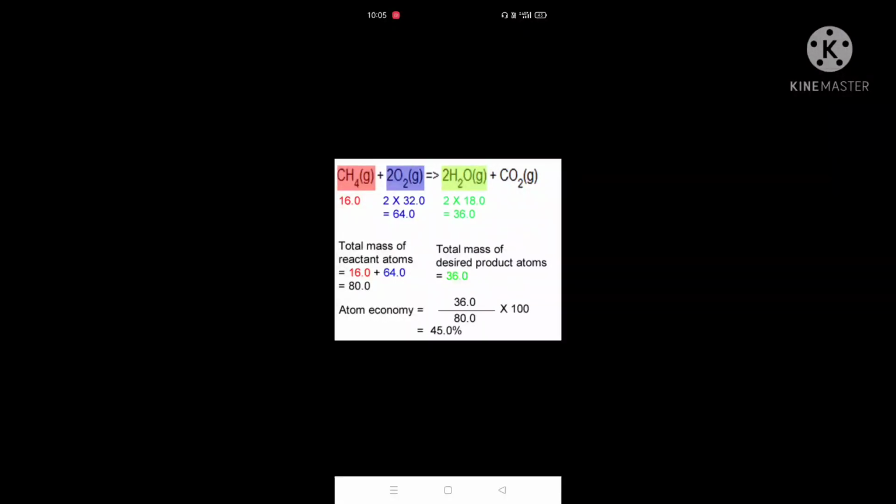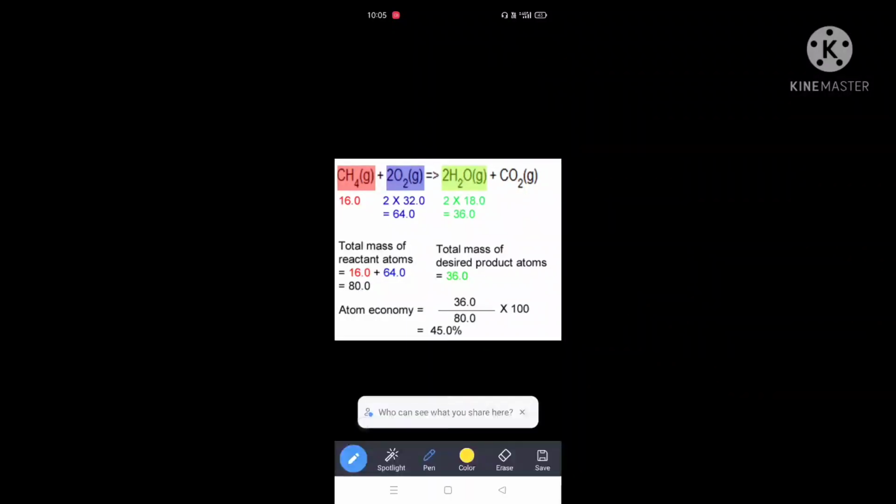Here in methane, the molecular formula is CH4. One carbon is 12, and hydrogen atomic mass is 1, times how many hydrogens are present? 4. So totally 12 plus 4, 16. Here O2 is the oxygen molecule, not atom.